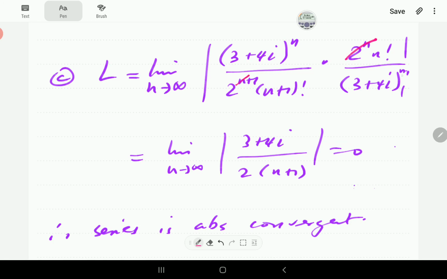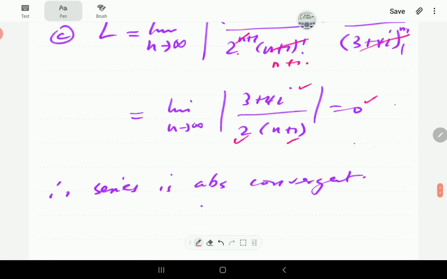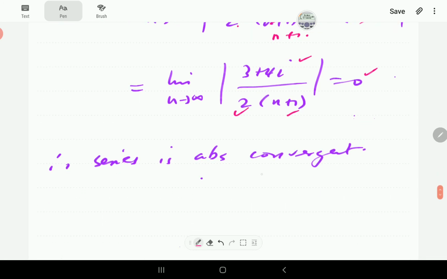This is power n plus 1 here, so we're going to have 1 there, and then n factorial goes into this (n plus 1) times, so we're just going to have 3 plus 4i in the numerator, 2 from here, and n plus 1. This as n goes to infinity goes to 0, of which 0 is less than 1. So this series is absolutely convergent.